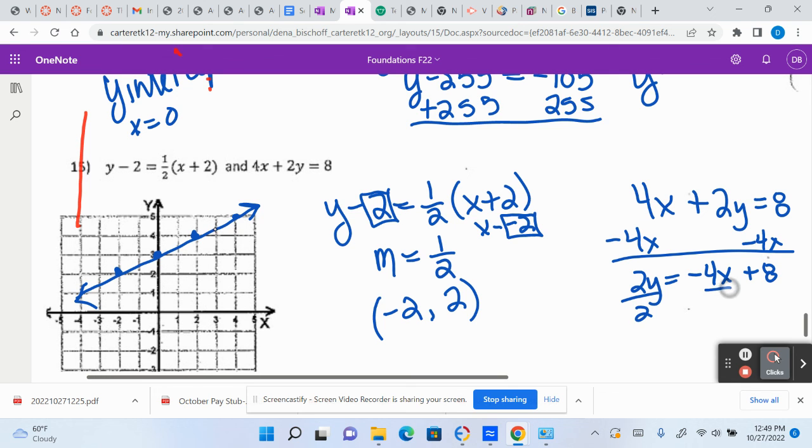Divide everything by 2. y equals -2x plus 4. So I'm going to begin at +4 and I'm going to go down 2 over 1, down 2 over 1, down 2 over 1. What can I say about these two lines? Yeah, they're perpendicular. Good job.